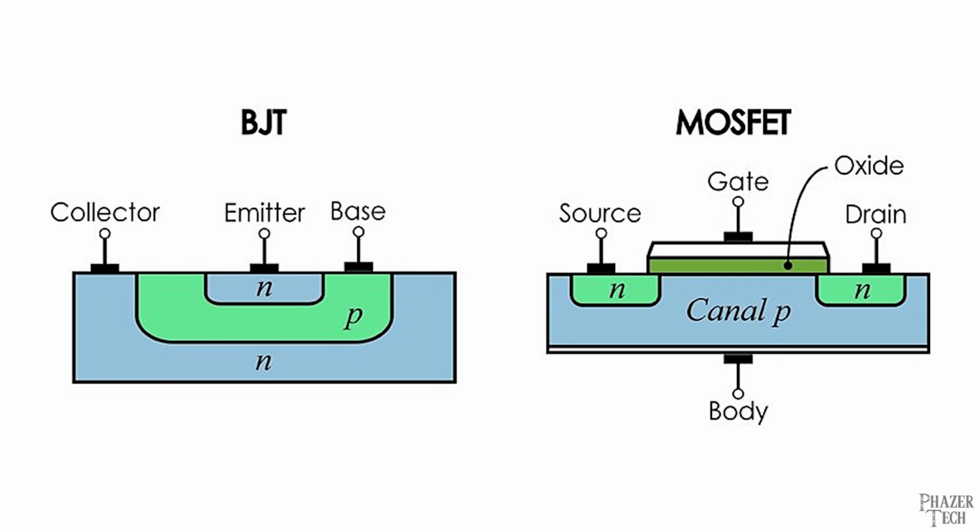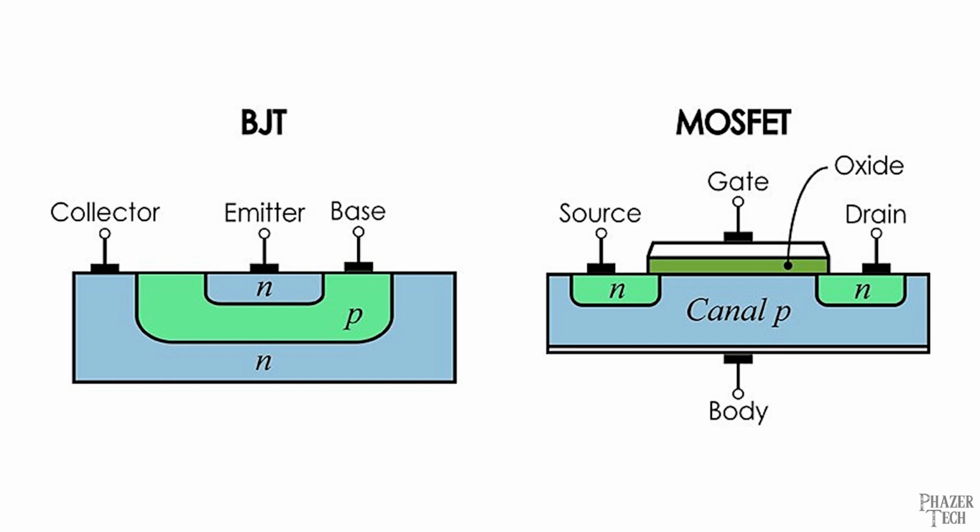Here we can see a comparison between a BJT NPN transistor and a MOSFET. The BJT has the p-type semiconductor sandwiched in between two n-types, just like we saw before. But notice how the MOSFET's construction is much different. Also, the MOSFET's pins have different names.